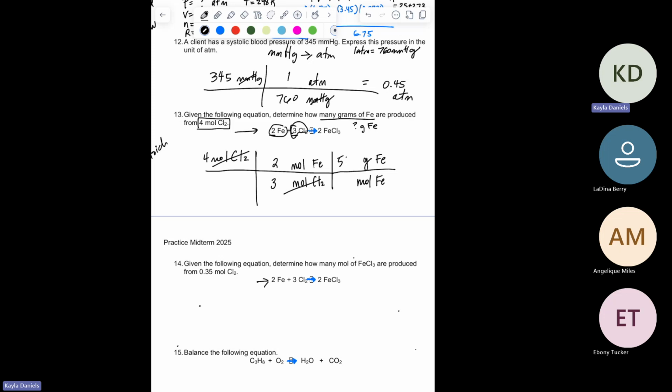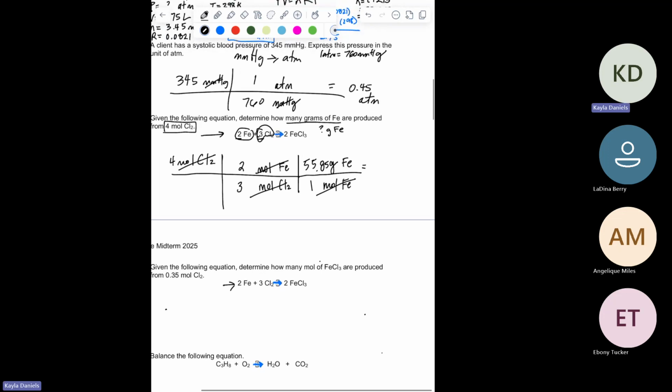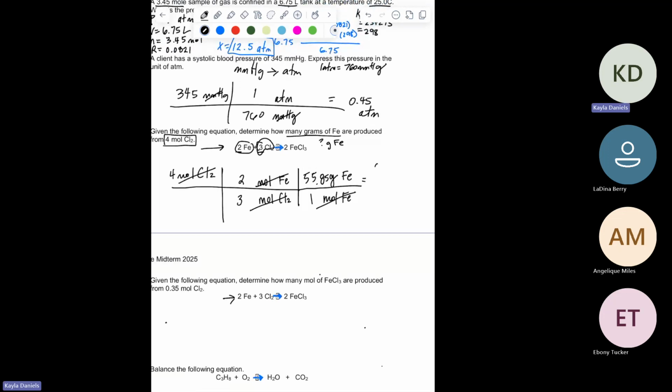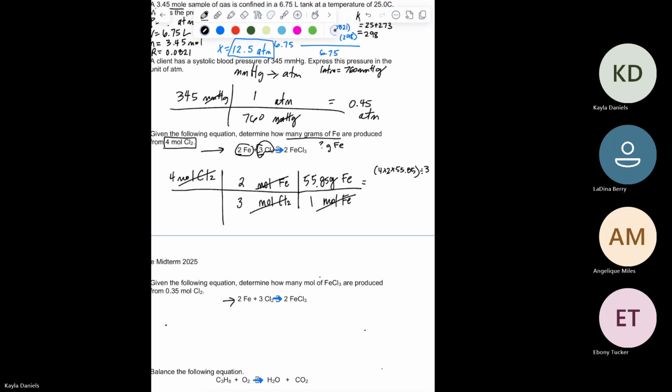All right, so 55.85 for every 1 mole. So now I'm out of moles of Fe and into grams. In my calculator, I'm going to do parentheses 4 times 2 times 55.85, close parentheses, divided by 3.